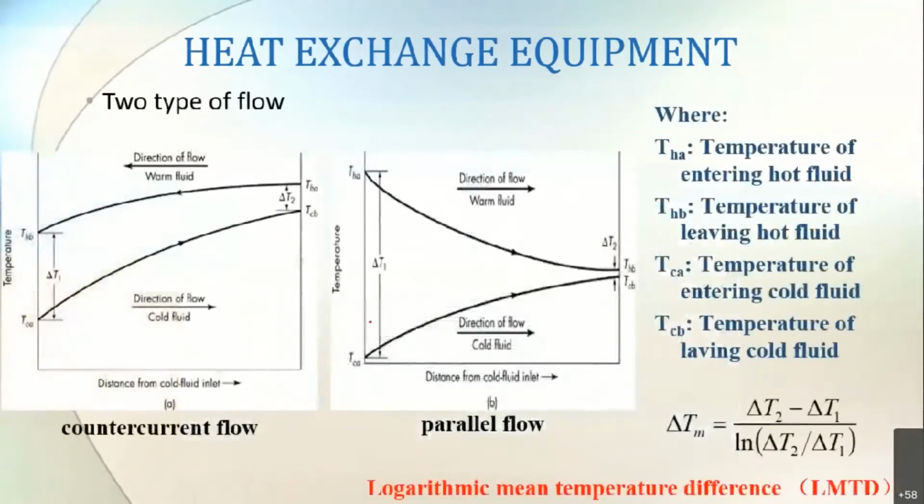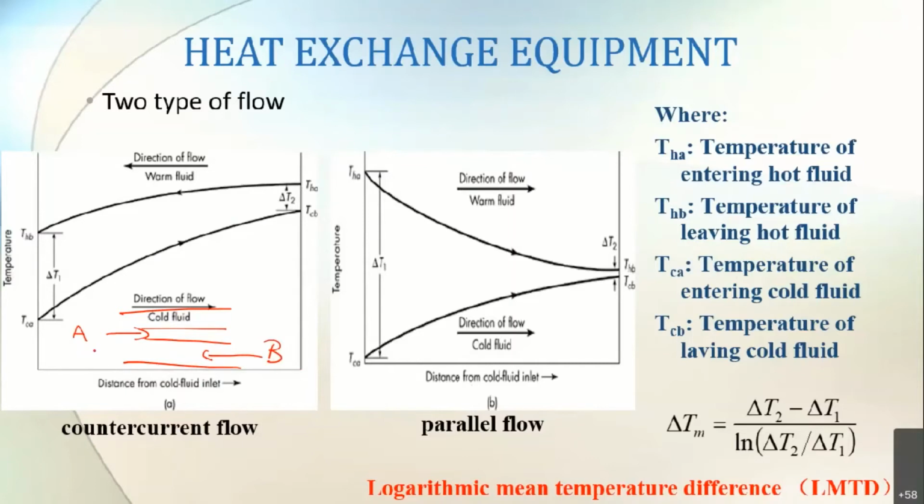So let's say this is for your counter flow. Let's say you have a double pipe system. This is the first pipe, this is the second pipe. If it is counter flow, fluid A is flowing in the left to right direction, whereas fluid B is flowing from the right to left direction. So this is what we call counter flow, counter current flow.